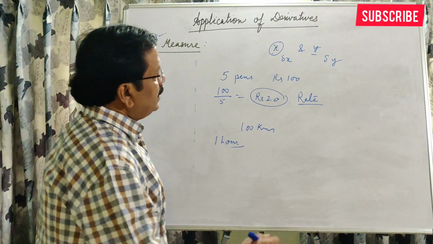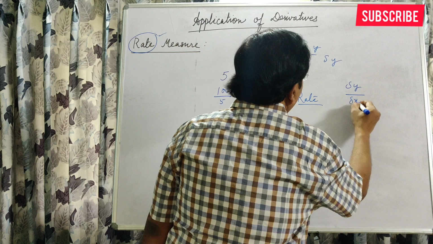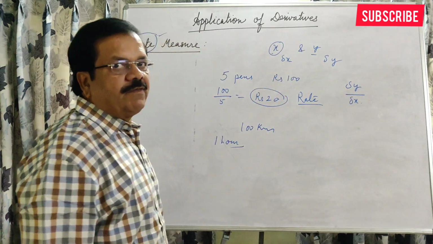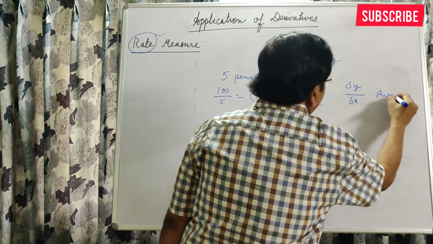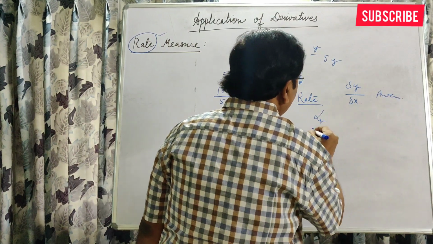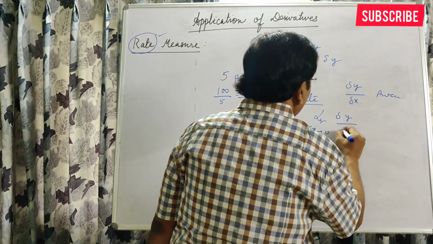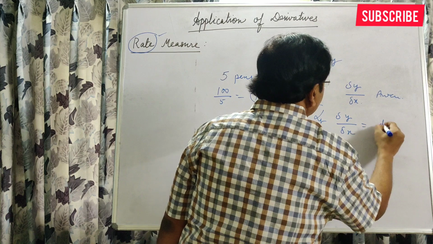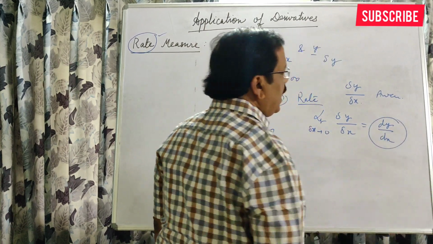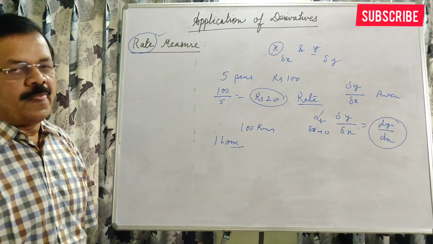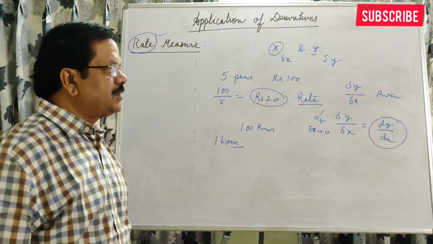Then delta y upon delta x is the average rate of change, and as the limit of delta x tends to 0, this delta y upon delta x changes into dy by dx, and this is the actual rate. These two words we use frequently while solving questions.